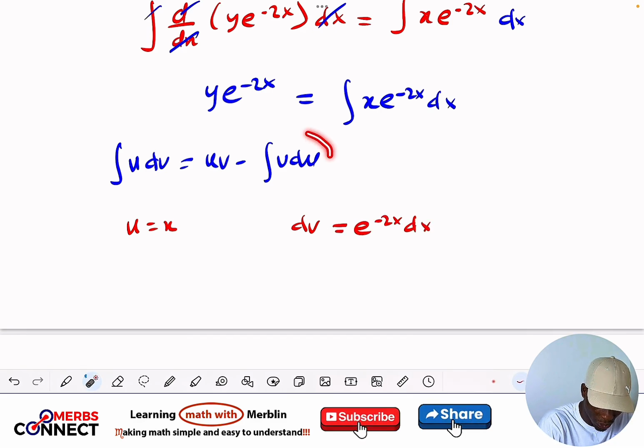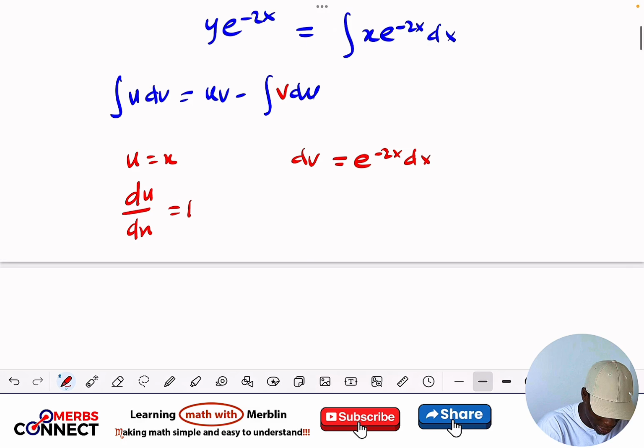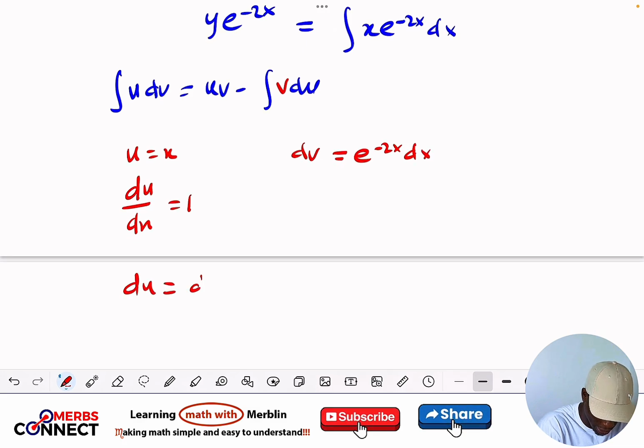Now from the equation here, we need v and we need du. We can get du from this, and we can get v also from this. So du over dx is equal to 1. This implies that du is equal to dx.